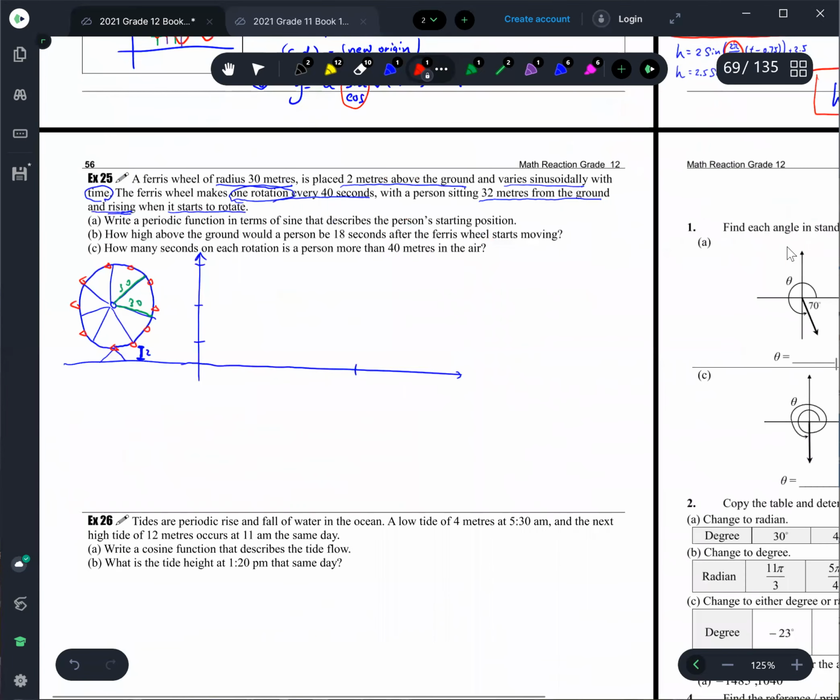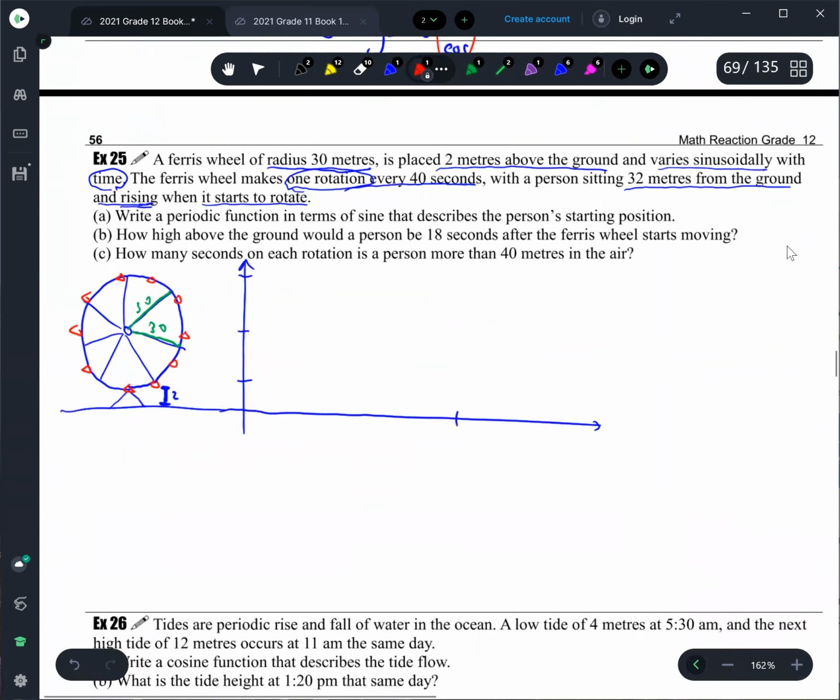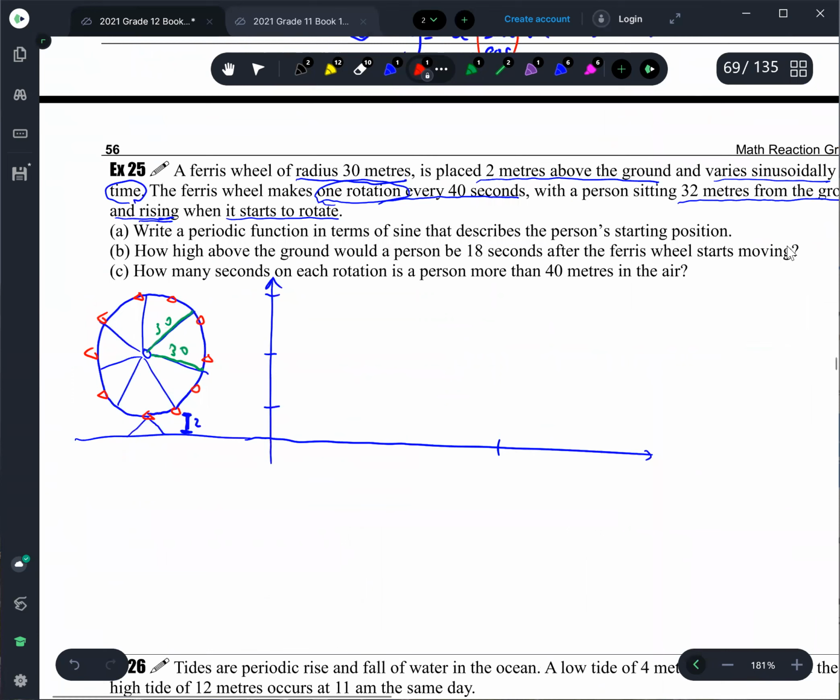All right, so we have 3 people who got the graph, okay? Please raise your hand if you are done with the graph. Okay, we'll check the numbers first, okay? Highest number, because the radius is 30, okay?